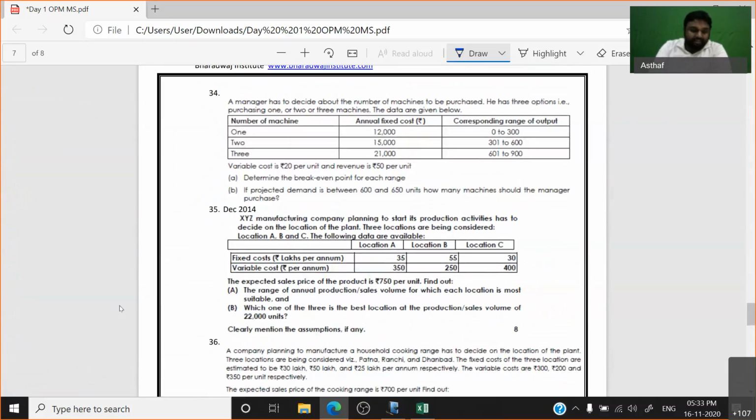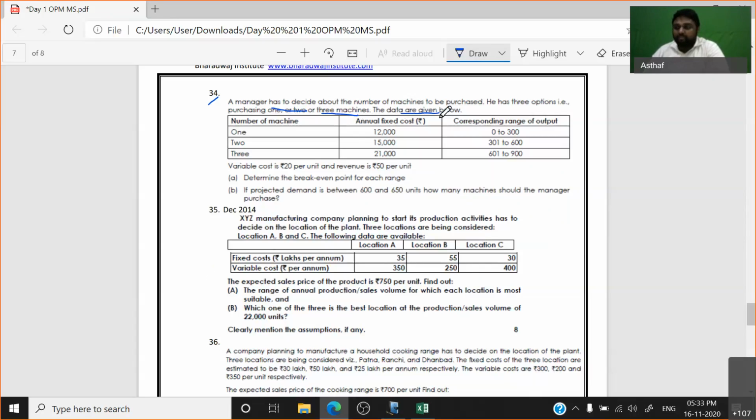Now we will move to question number 34. So what is question number 34, my dears? A manager has to decide about the number of machines to be purchased. He has three options: purchasing one machine, two machines, or three machines.